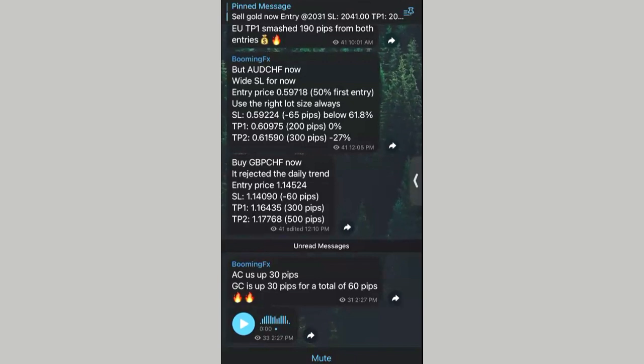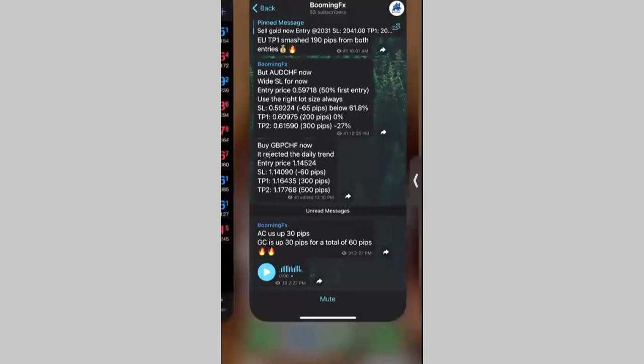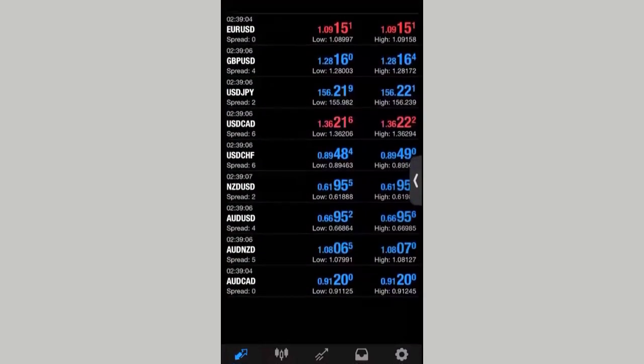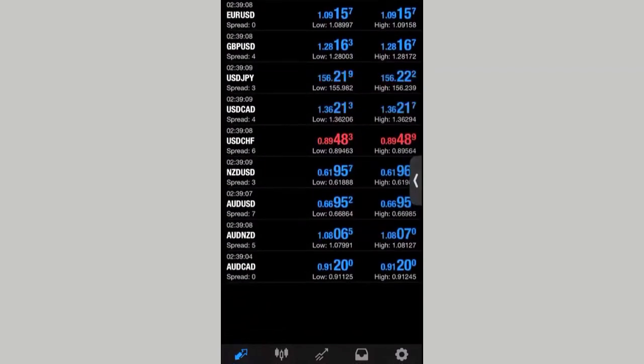Because they're both GC. So let's say I'm touching on the topic of copying trades right now. When Mino called buy GBP CHF, as soon as you see the signal, you're going to go to your MetaTrader 4. If you don't have it on your watch list, this is called a watch list over here.